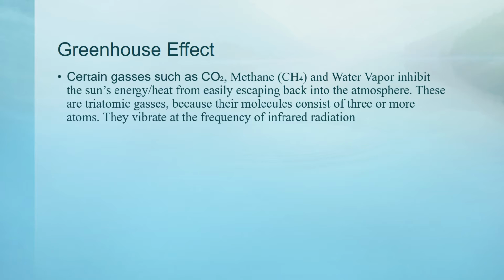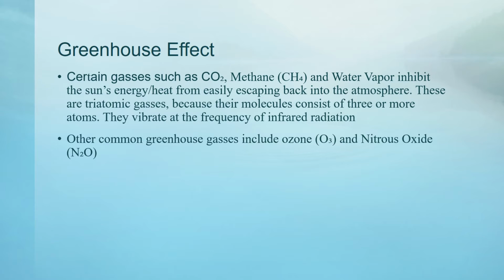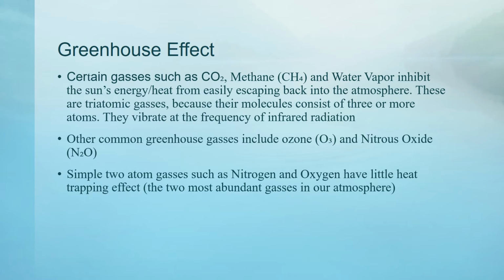They vibrate at the frequency of infrared radiation. Other common greenhouse gases include ozone, O3, and nitrous oxide, N2O. See, you can look at that. There are 3 atoms making up those molecules. So they do a kind of block, an inhibiting effect, keeping heat from escaping.